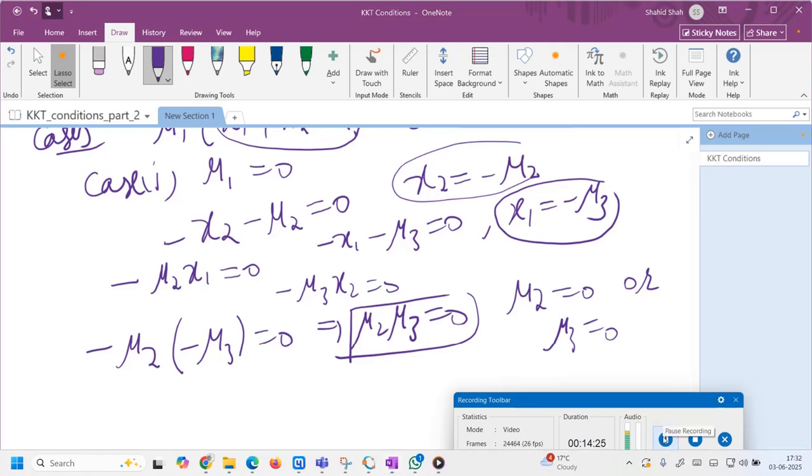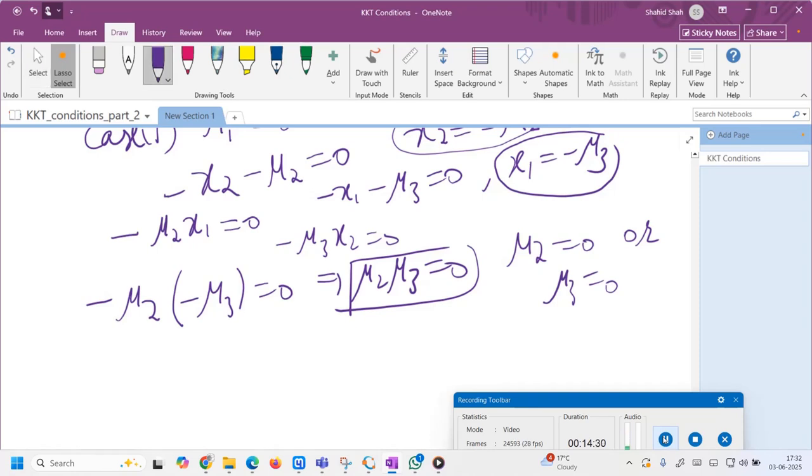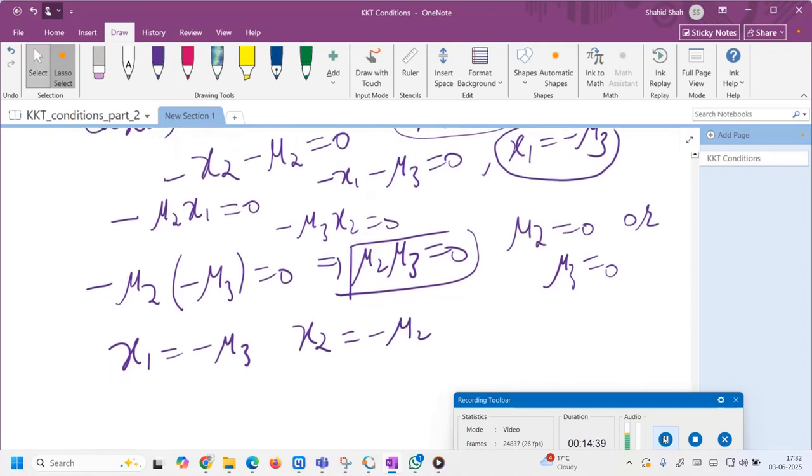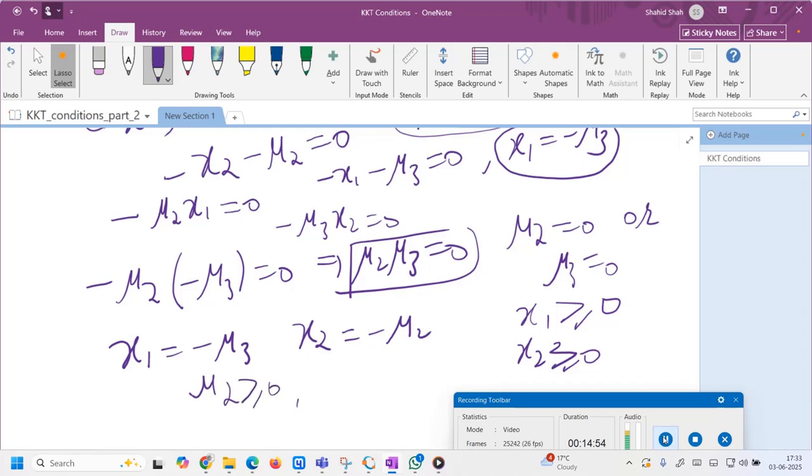But there is a very important catch. You see, we are writing here x1 is minus mu3 and x2 is minus mu2. We know that we are given the constraint that x1 should be greater than or equal to 0, x2 should be greater than or equal to 0, right? And also the KKT condition imposes that mu2 should be greater than or equal to 0, mu3 should be greater than or equal to 0.